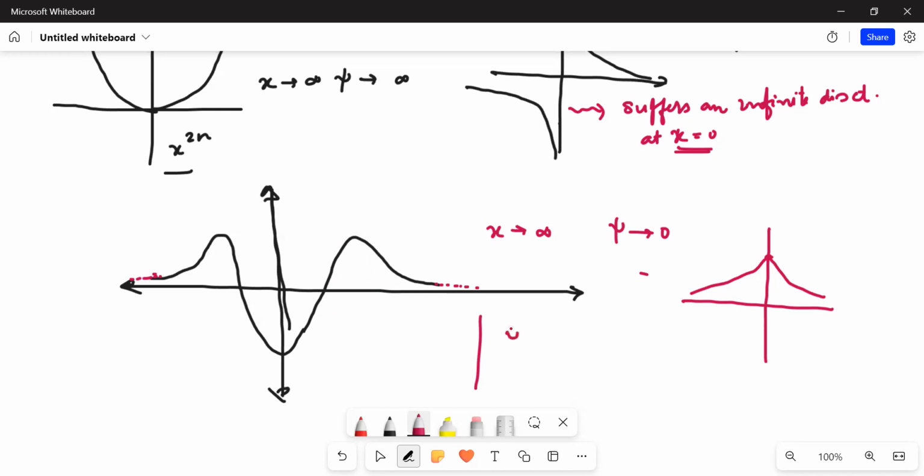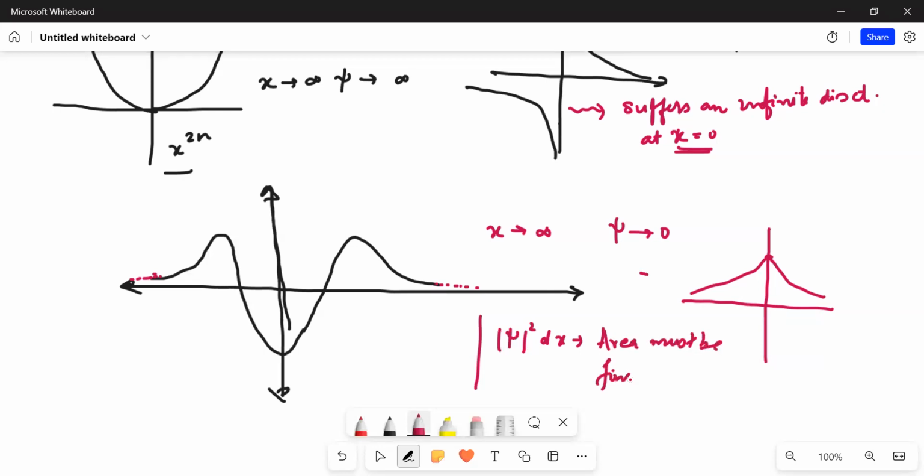So the integral of |psi|^2 dx would be something. Right now, from the graph, I cannot say what it would be, but if I just take the square of it, most possibly I will not have the negative part. This will go upwards, and then I can integrate, because this total integration is nothing but the area under the graph. So one can think that this area would be some finite area.